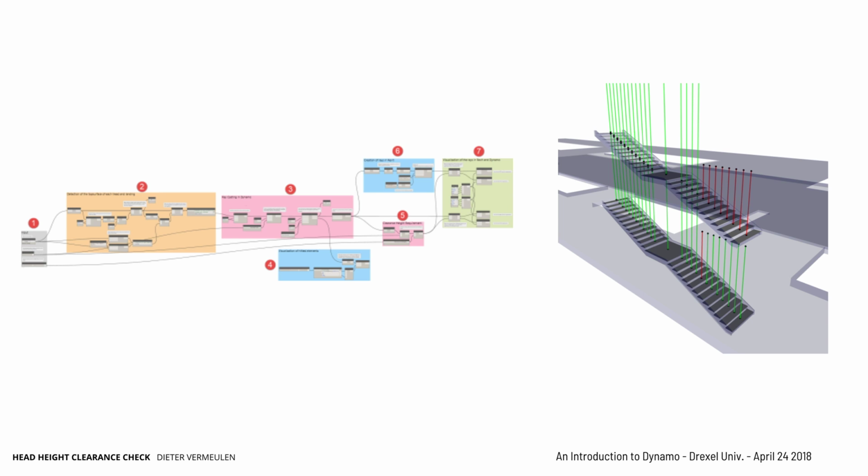And again, you could check this every time. You could export sections and measure things, or you could embed the intelligence once in a graph where you can just select the stair, select the floor slab, and get some lines. Green if the head heights at every step are allowable, red if the head heights at the step are too small. And again, it lets you visualize that very quickly, make design decisions, and move on.